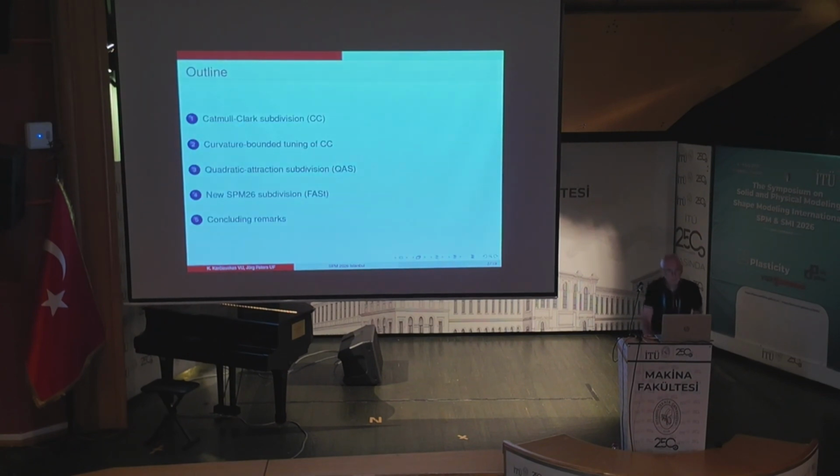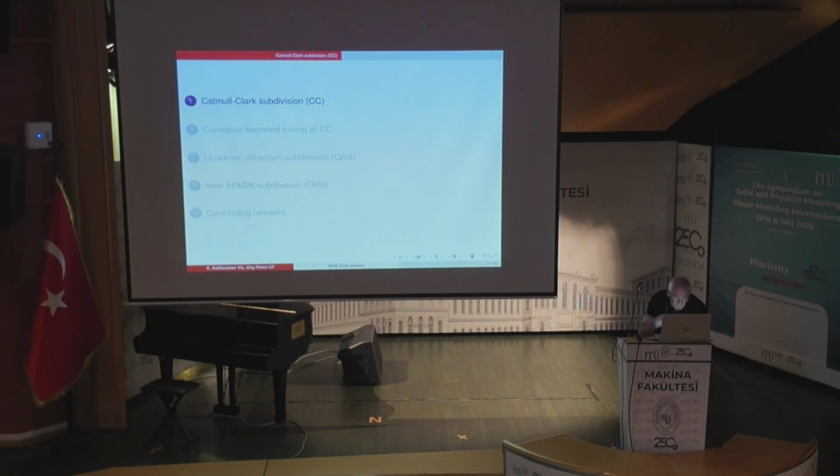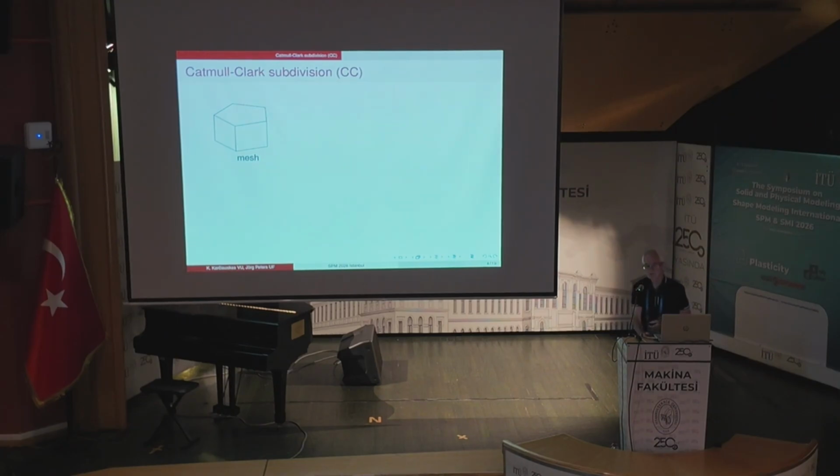So, the outline: as you see, we start with the classic stuff and move gently to the recent subdivision schemes. Catmull-Clark starts with any mesh.